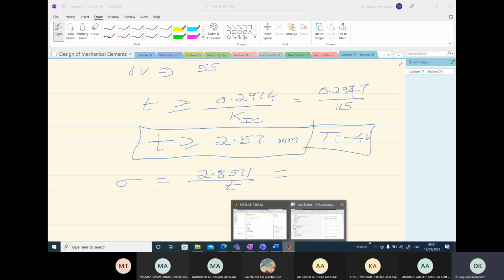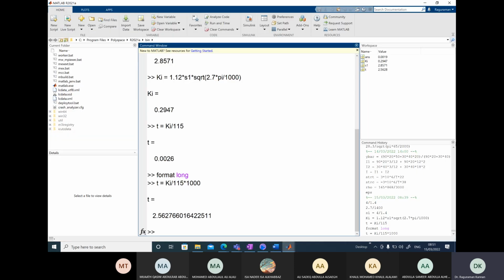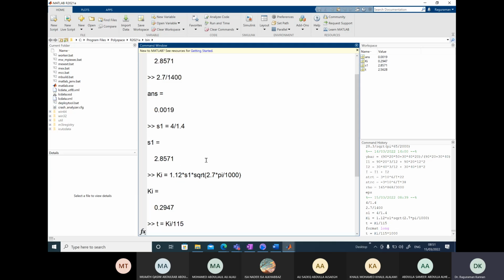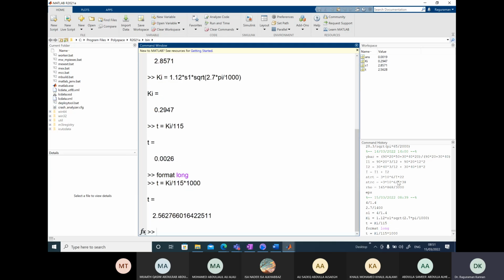Go back to the MATLAB, and it's the 2.857. This one is S1 value. Okay, so we can use that. So the stress, actual stress, is S1 divided by the T value in meters.